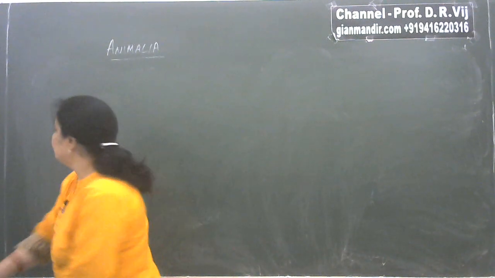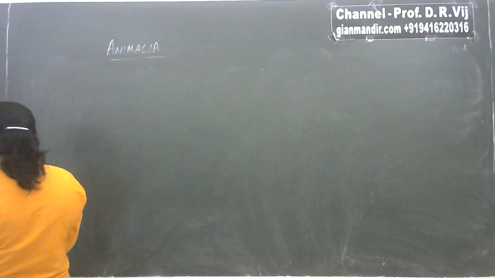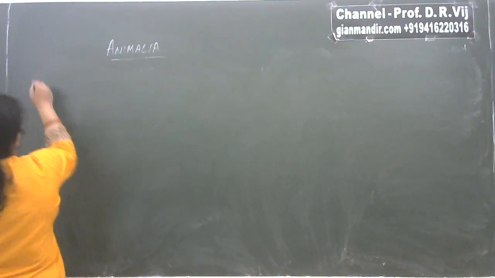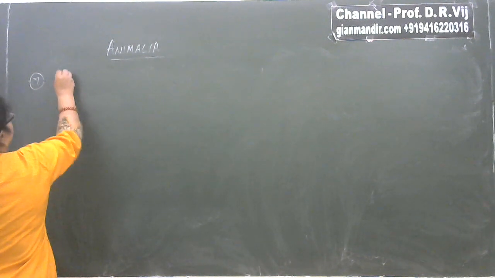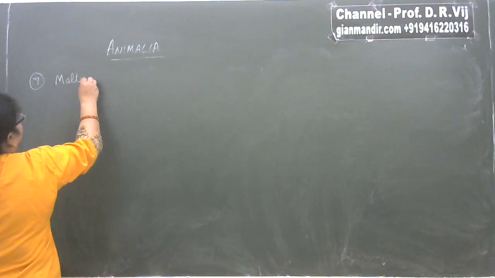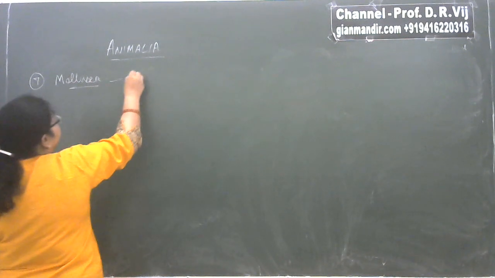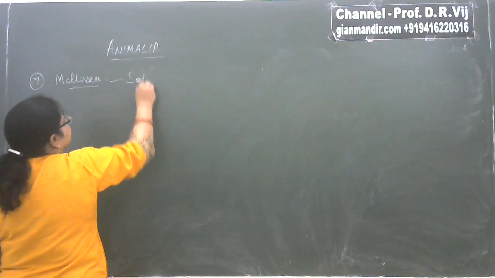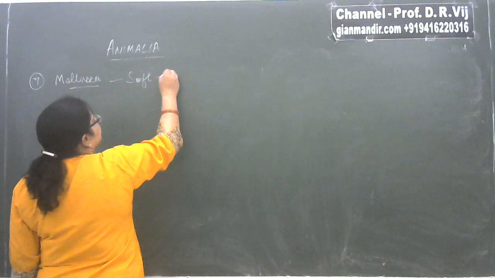So if you look at the characteristics of phylum Mollusca, these are known as soft bodied animals. And as they are soft-bodied animals, they have a hard covering of calcium carbonate.